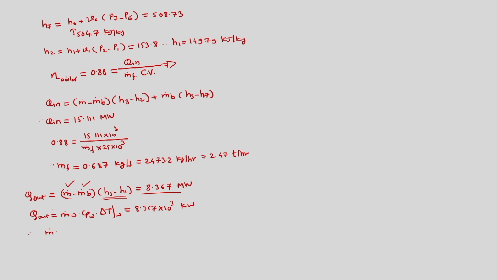So m dot water into Cp of water, 4.187, into 6 degrees Celsius or Kelvin rise, is equal to 8.367 into 10 to the power 3. So this gives us the mass flow rate of water to be 333.05 kg per second.